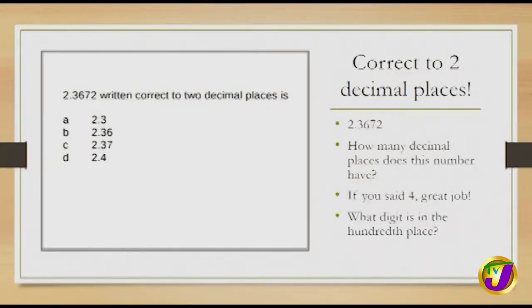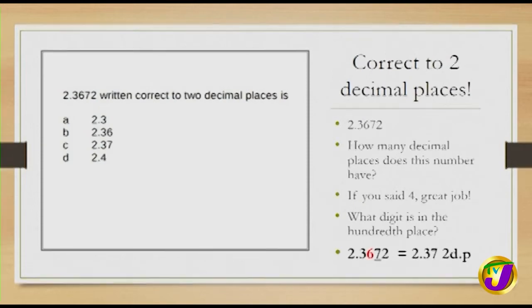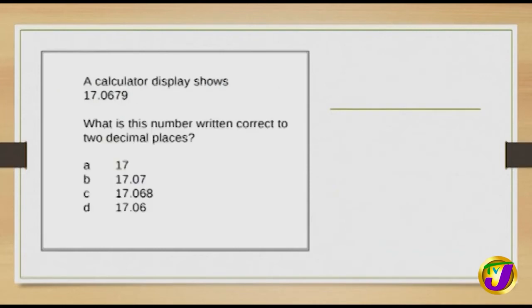Therefore, we are going to round up, we're going to increase 6 by 1, so it becomes 2.37. So correct to 2 decimal places, and as you can see, I've put 2DP, so the DP stands for decimal place. So it's 2.37.